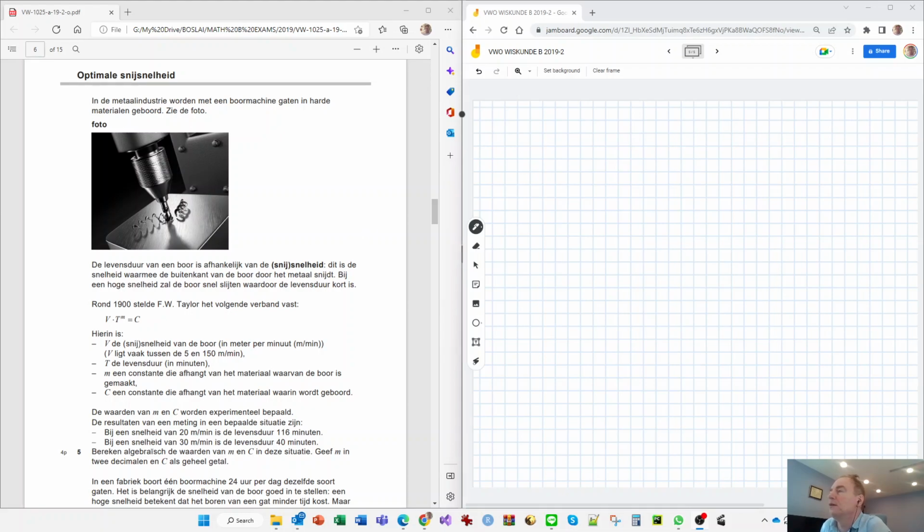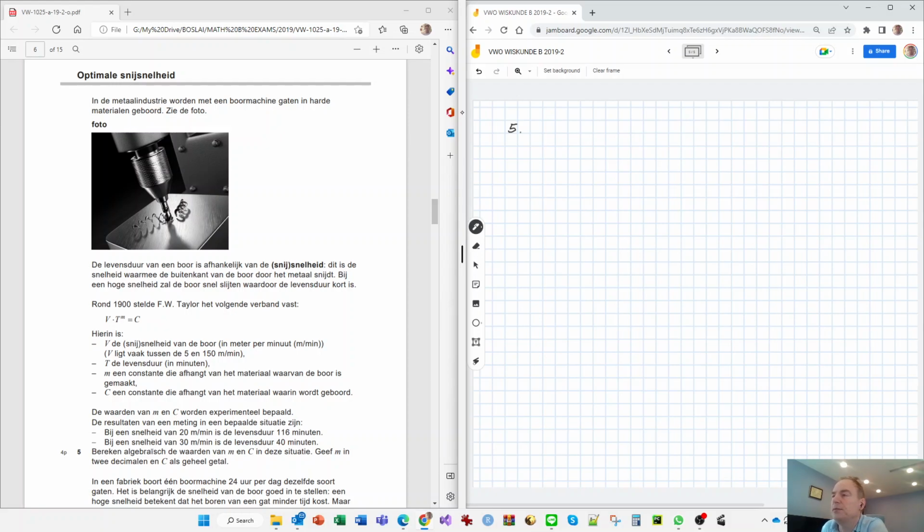Question 5. Optimal cutting speed. They look at some drill machine that is making holes in some materials, and the lifetime of the drill or the drill head is dependent on the cutting speed, as they call it, which is the speed with which the outside of the drill cuts through the metal.